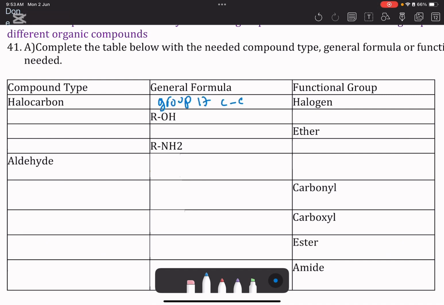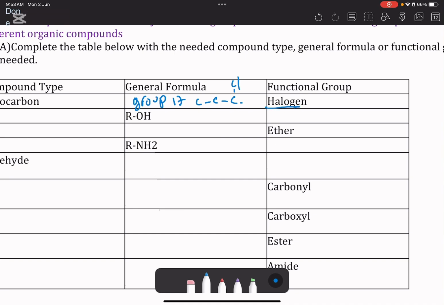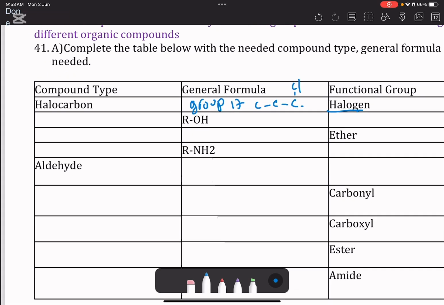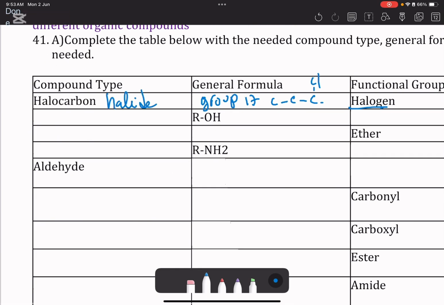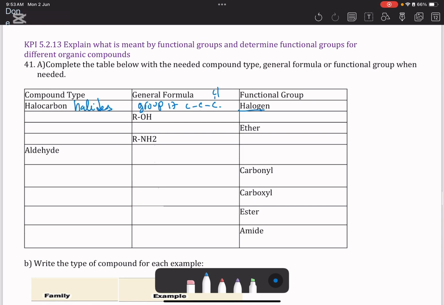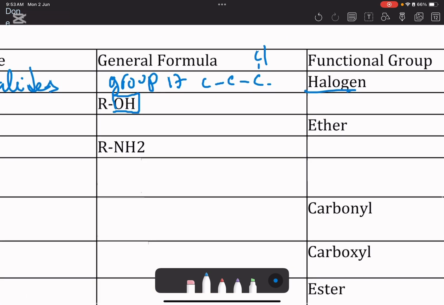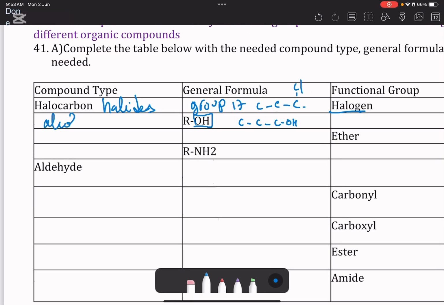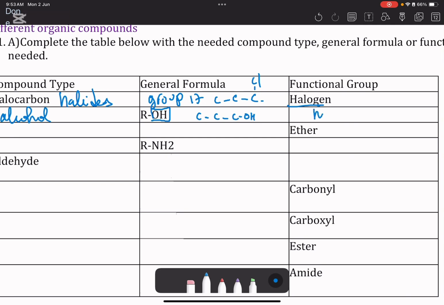So there's the carbon chain, and on it you might find a Cl or a Br or a F or an I. So the name of the functional group is called halogen, belonging to the family of halides or halocarbons. Now, any carbon chain, R is the carbon chain, containing an OH functional group in it, means this belongs to the family of alcohols, and this functional group is called hydroxyl.